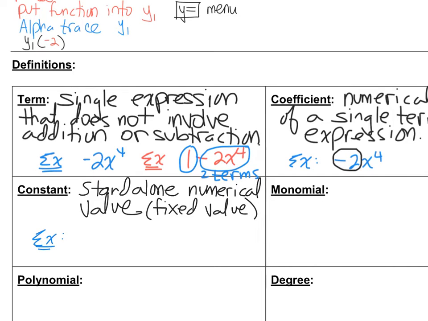So if you had something like, I'll go back to the other example, 1 minus 2x to the fourth, this would be a constant. It doesn't have a variable attached to it. Attached would be through multiplication. So if it's a lone numerical value, a term that only contains a number, no variable, then you're looking at a constant.